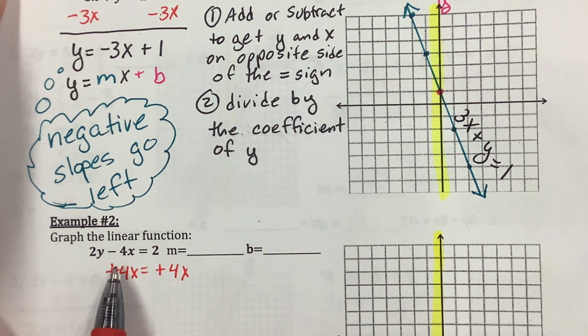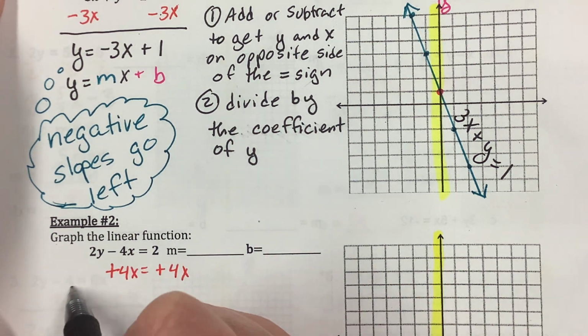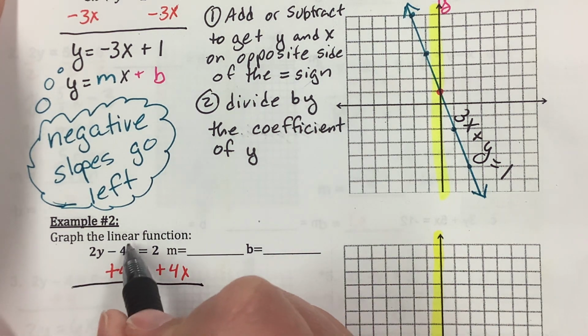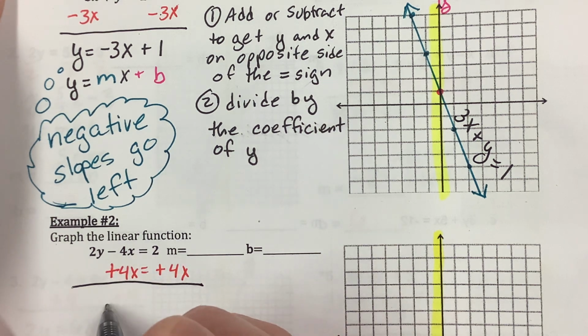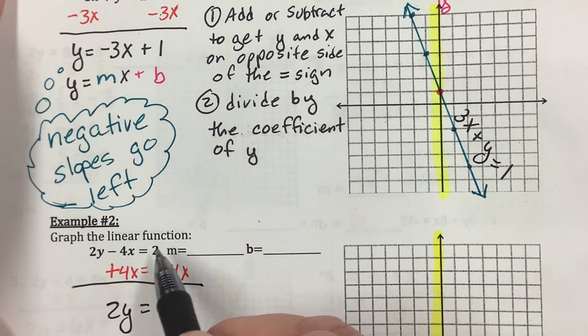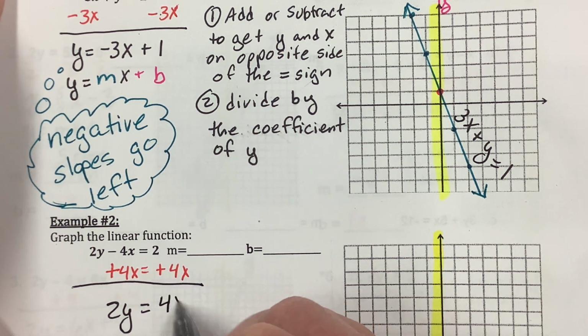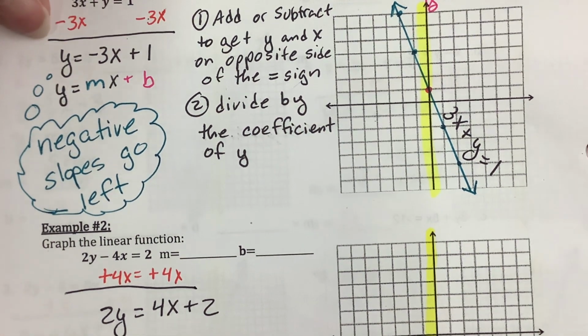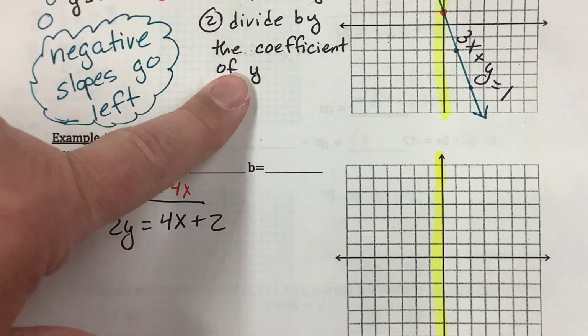And I'm adding because this says minus 4x, so I'm going to do the opposite and add 4x. 4x minus 4x, that's 0. Bring down 2y equals, and I want the 4x first, because y equals mx plus b, plus 2.